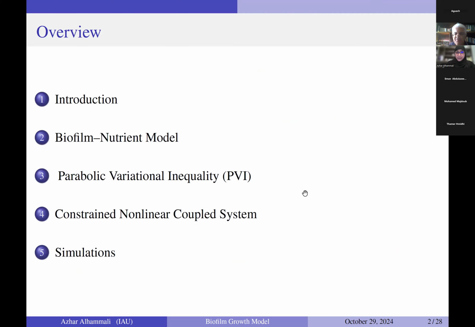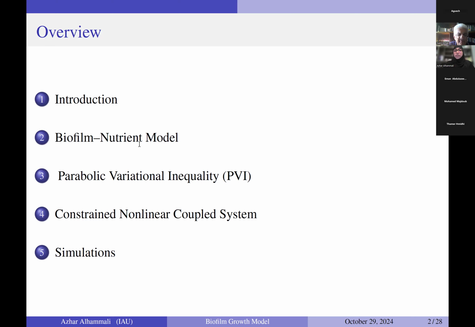First, I'm going to give you an overview of this talk. I'm going to start by giving you a brief introduction about what biofilm is, how it forms, its dynamics in porous media, and some of its applications. And then I'm going to present the model that describes the biofilm growth and the nutrient utilization in porous media.